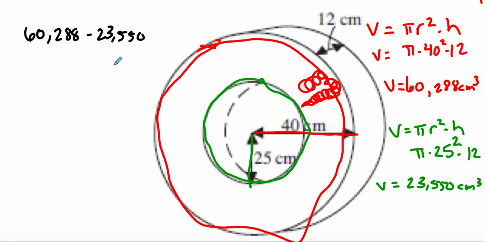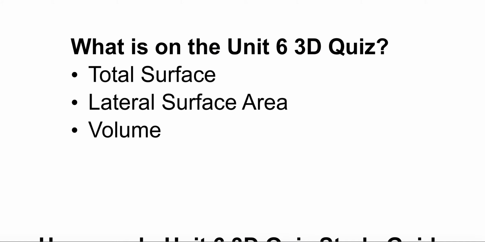Oh my goodness, my calculator's not working. 60,288 minus 23,550 is 36,738. Don't forget your labels, centimeters cubed. All right, that would be the answer to the toilet paper that was left here on the roll.